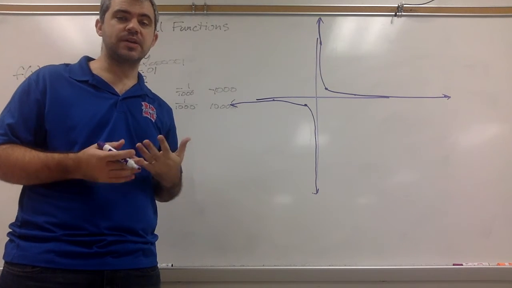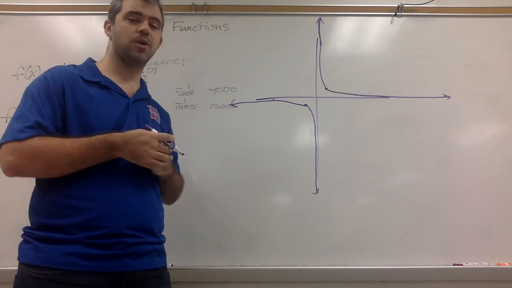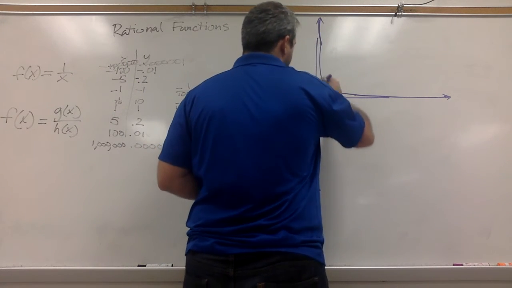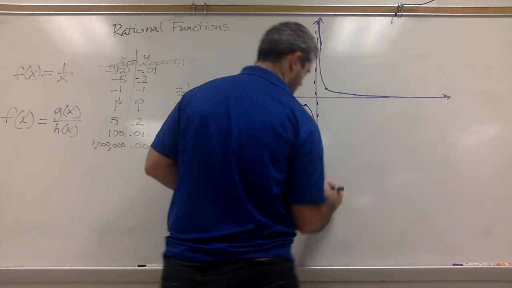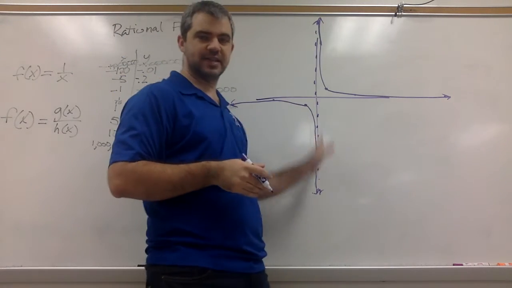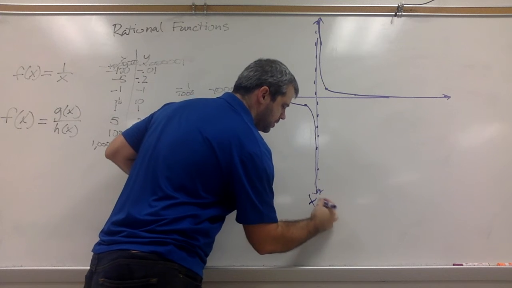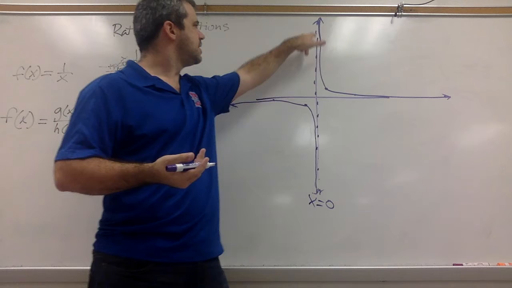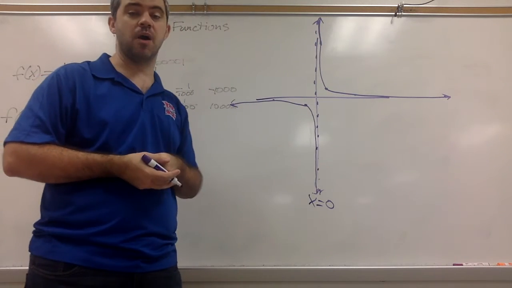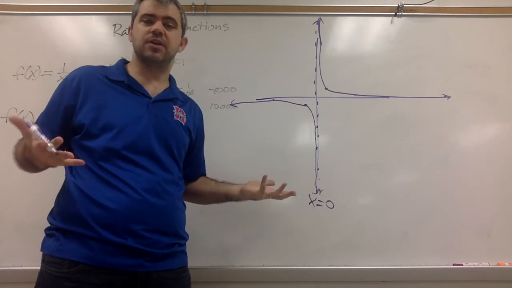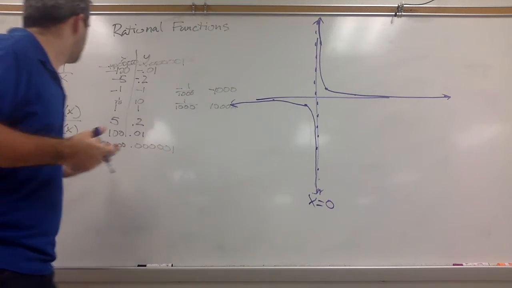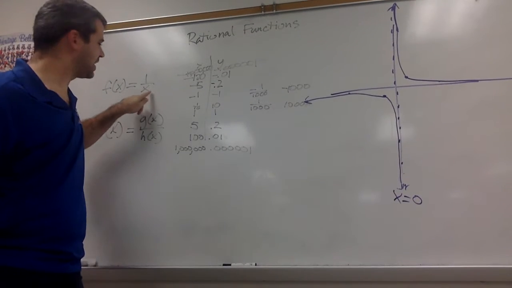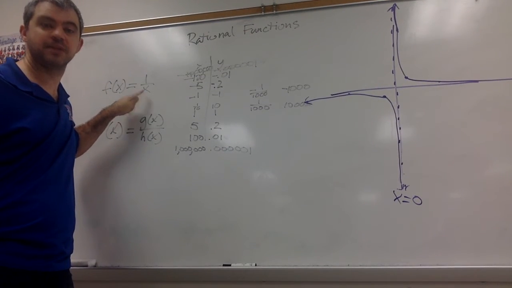Now, what you may notice is something you may have learned about before: asymptotes. There's a vertical asymptote right here. Remember, for vertical lines like this, the equation is x equals some number. So this is all of the values where x equals 0. Why is there an asymptote here? Because there's a big hole, because I can't divide by 0.